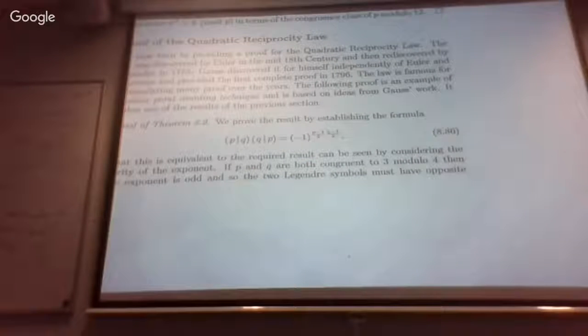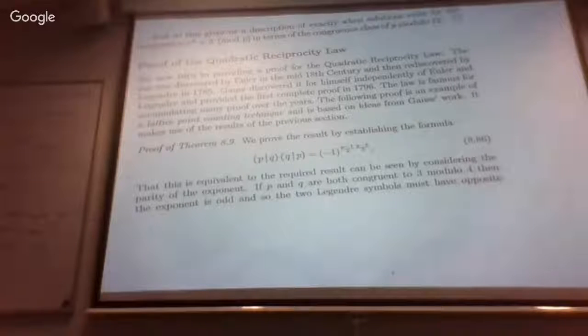First of all, the way the result is proved is by establishing this equation here. So the first task is to see that this equation is equivalent to the law of quadratic reciprocity as we've stated it up to now.